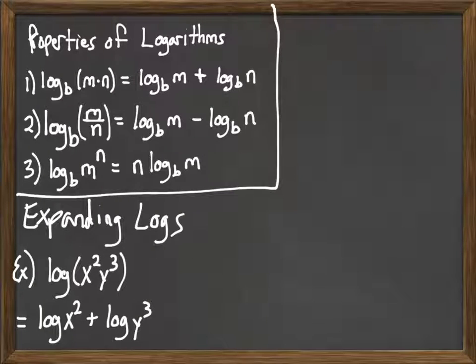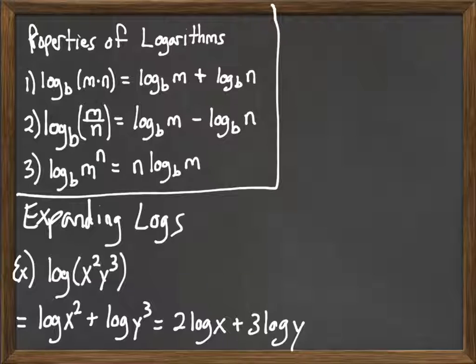That's what that multiplication property allows us to do. And then very often, once we've done that step, either with the addition or subtraction properties, we'll be able to use the power property. So we see that we have a log x squared. Property number 3 there says that if you have the log of something to a power, the power can be pulled out. The same thing happens with log of y cubed. And so we get as our answer 2 log x plus 3 log y.